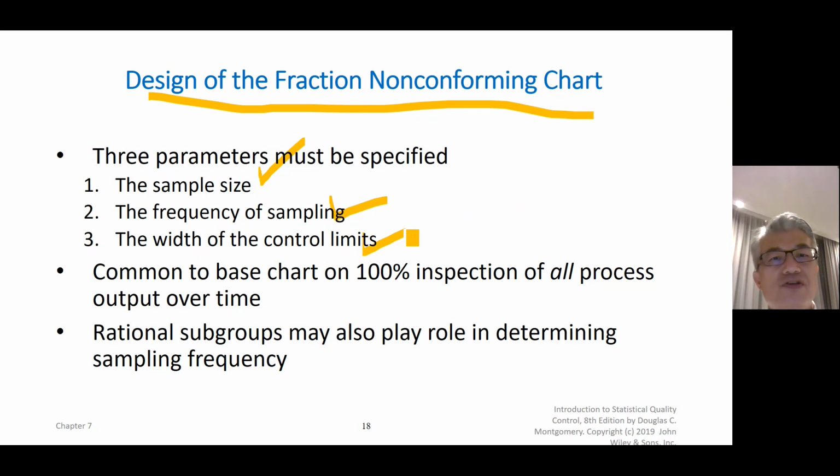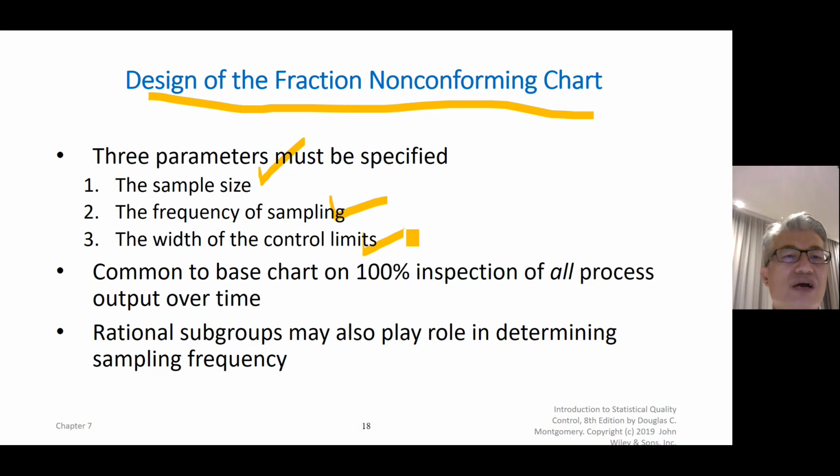It is common to base the chart on 100% inspection of all process output over time. Sometimes this is not a usual practice, since nowadays production is quite high-variety and small-batch, so 100% inspection over time is not a wise choice.